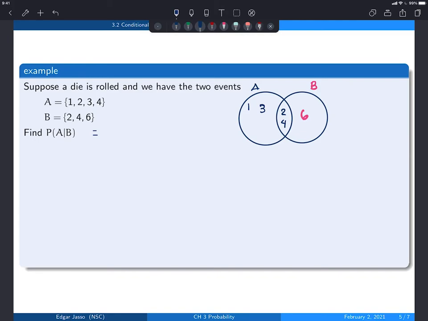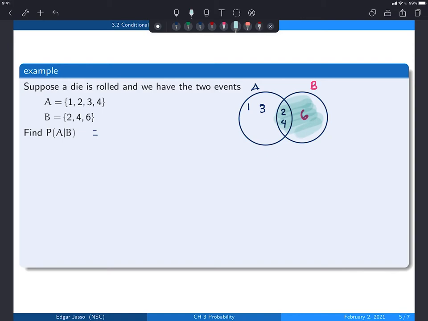Given that B happened, you have 3. You know that B happened, so you're saying this happened. So you only have 3 possible outcomes.